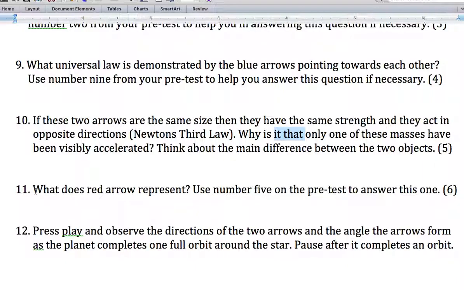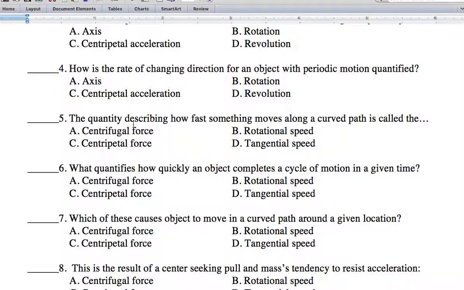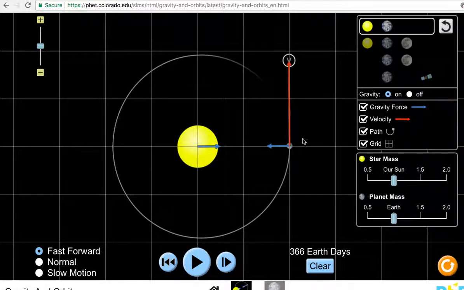Okay, so now we want to look at these other arrows. They don't represent forces, but what they represent is, number 5, the quantity describing how fast something moves along a curved path. This is tangential speed, or what I should have said is tangential velocity. So this red arrow right here, this is the tangential velocity.